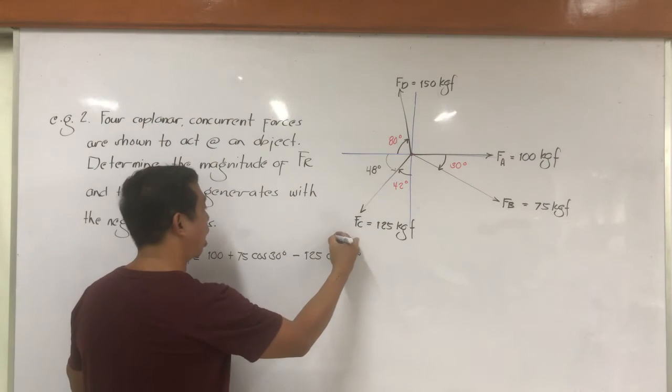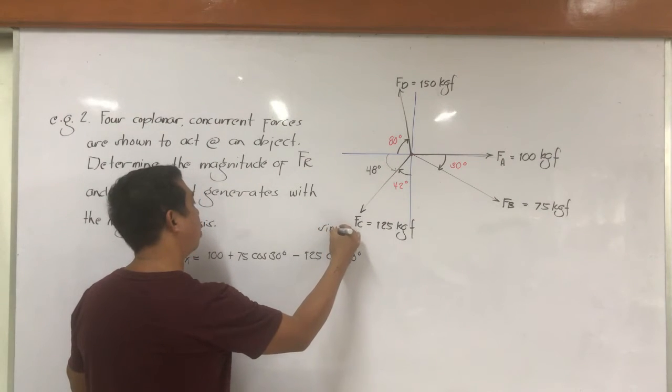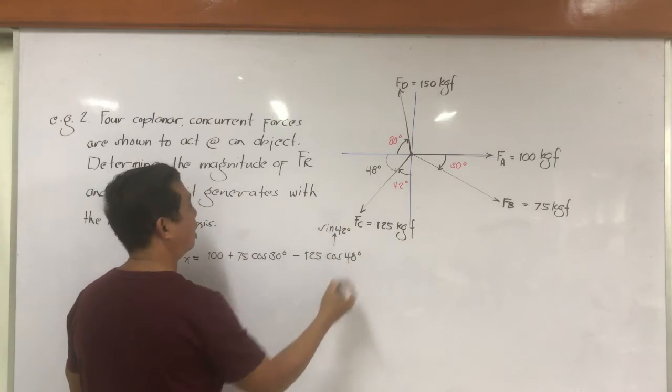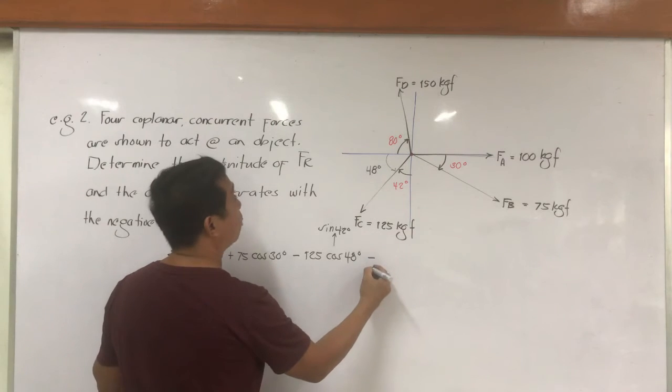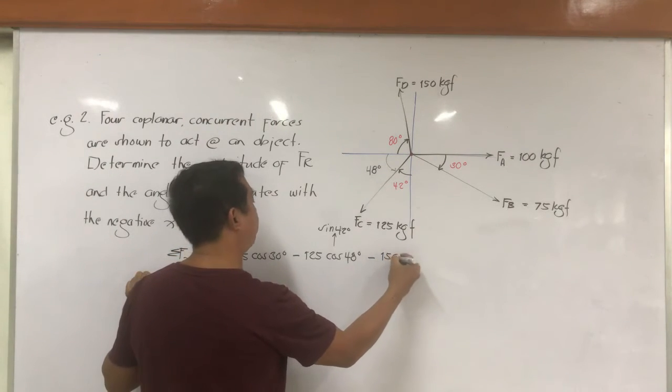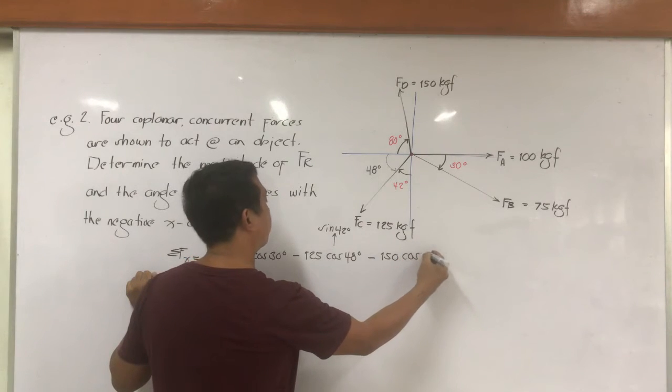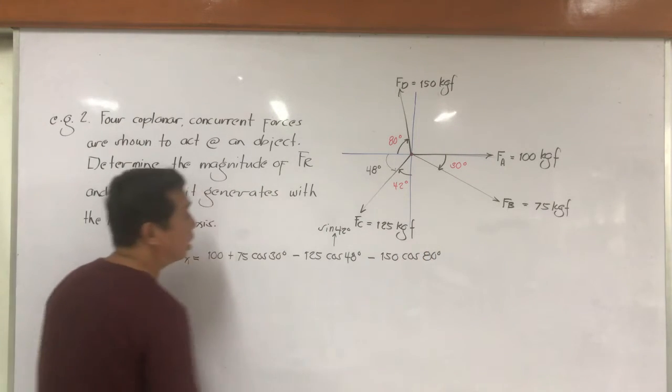Or pwede mo rin gamitin na sine of 42. Tapos yung apat, your negative FDx would have to be negative 150 times the cosine function of your 80 degrees.